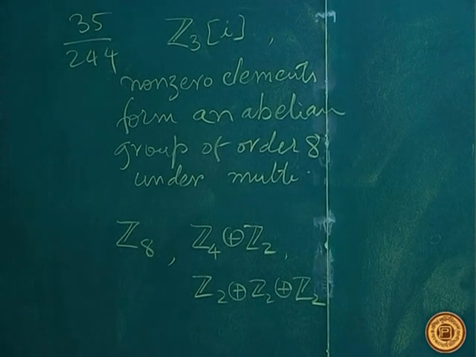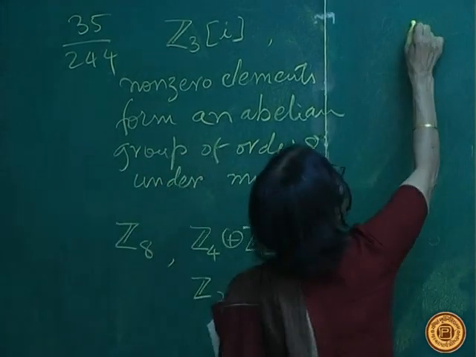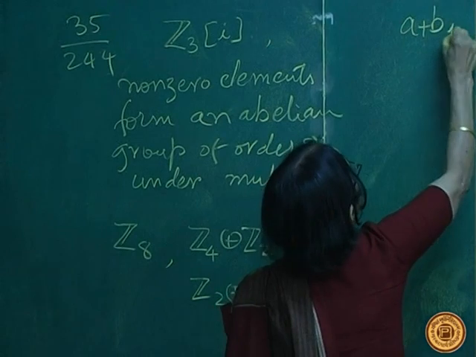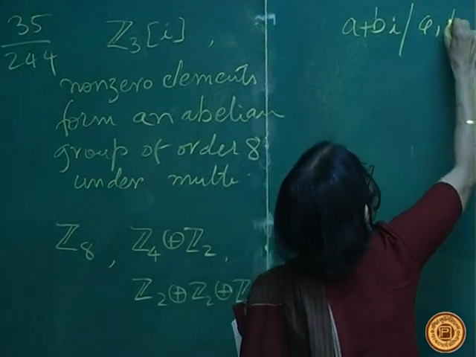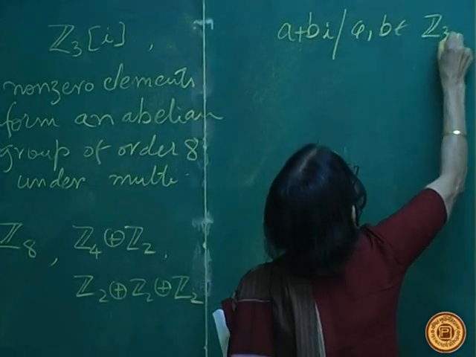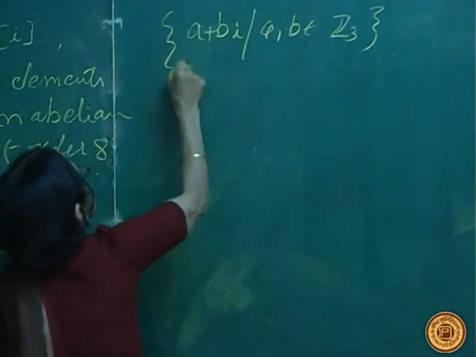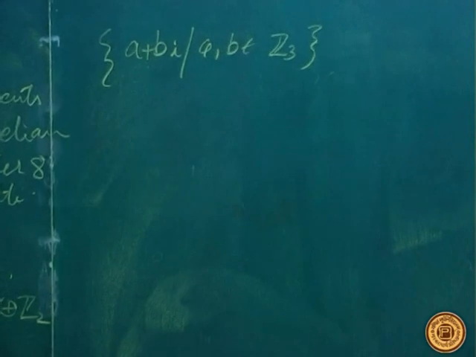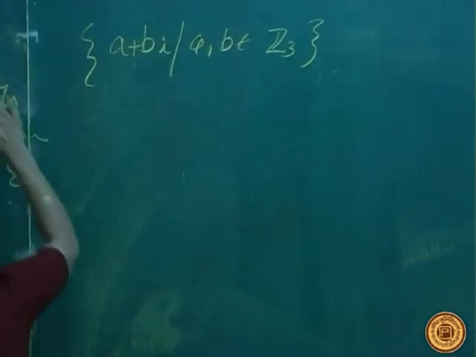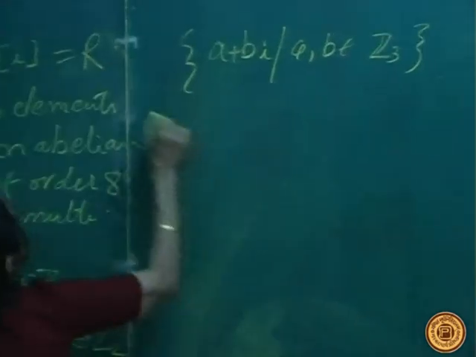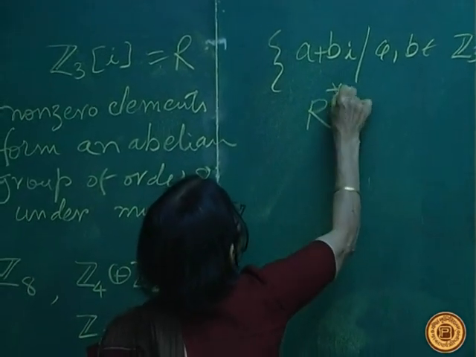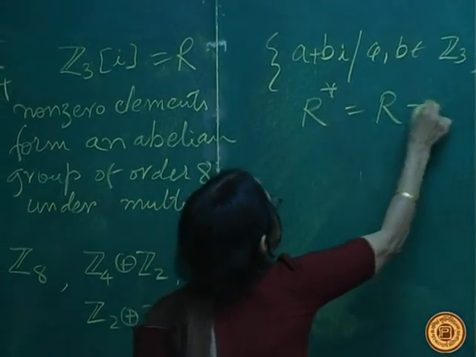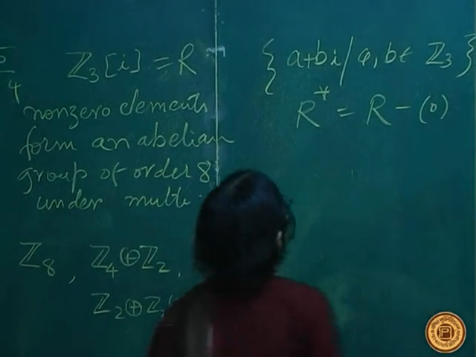How many elements are there? a plus bi, where a and b are in Z3. So 3 possibilities for a, 3 possibilities for b, altogether 9 elements. So if this is equal to R, now R star is equal to R minus the element 0.